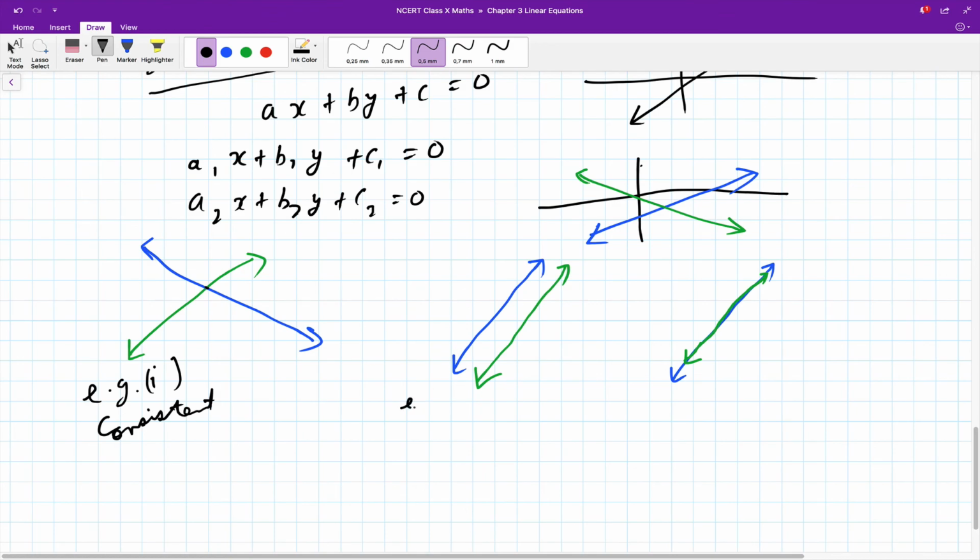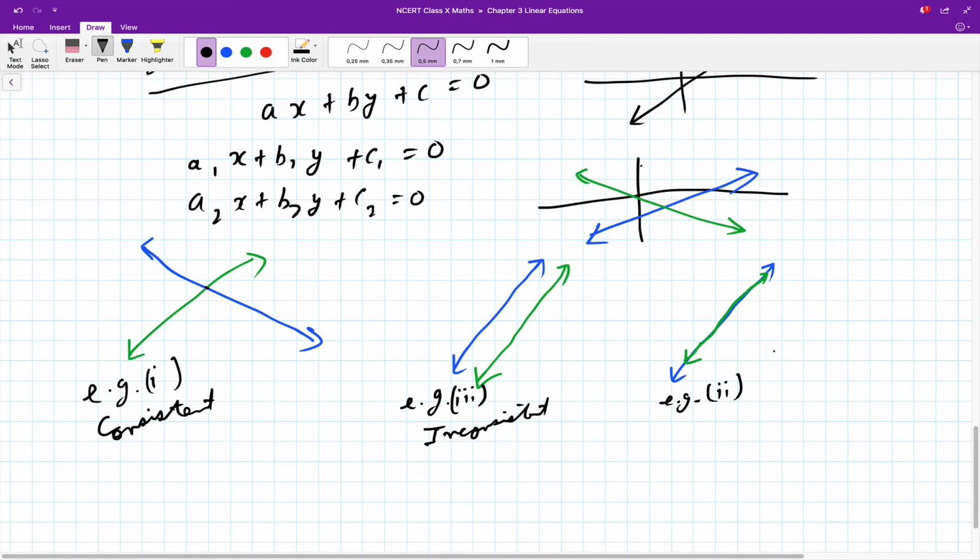In example 3, in the case of two railway lines, we saw that the lines are parallel and there is no common solution. So it is called an inconsistent pair. And in our example 2, we saw that the lines are coincident.